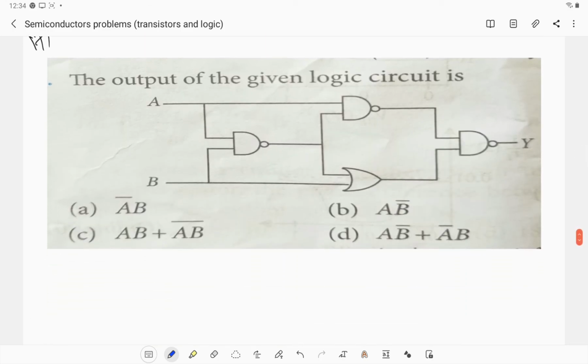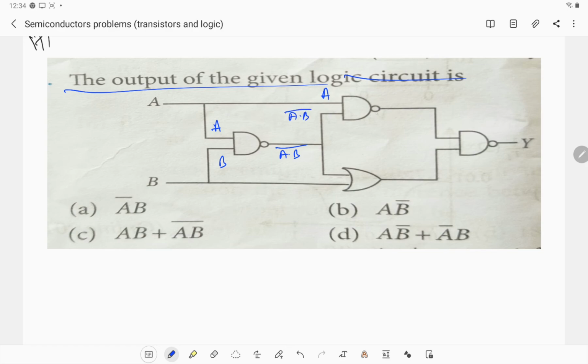Next, 17. The output of the given logic circuit is, so here is A, here also A, here also A, this one is B, here (A dot B) whole bar, here also (A dot B) whole bar.